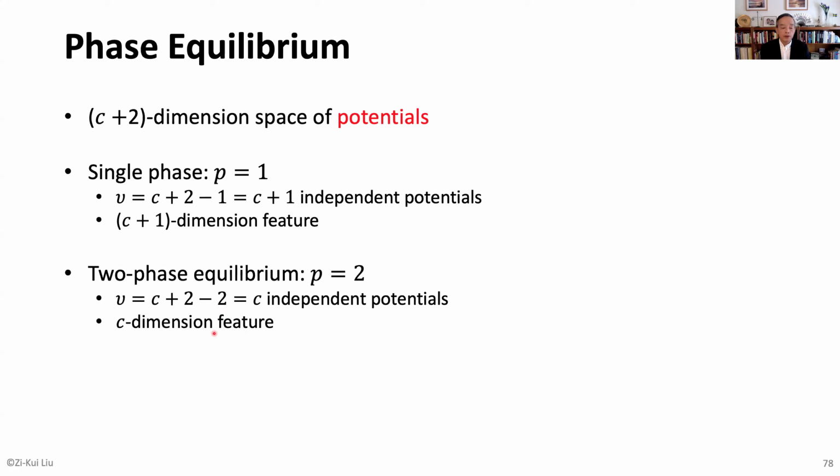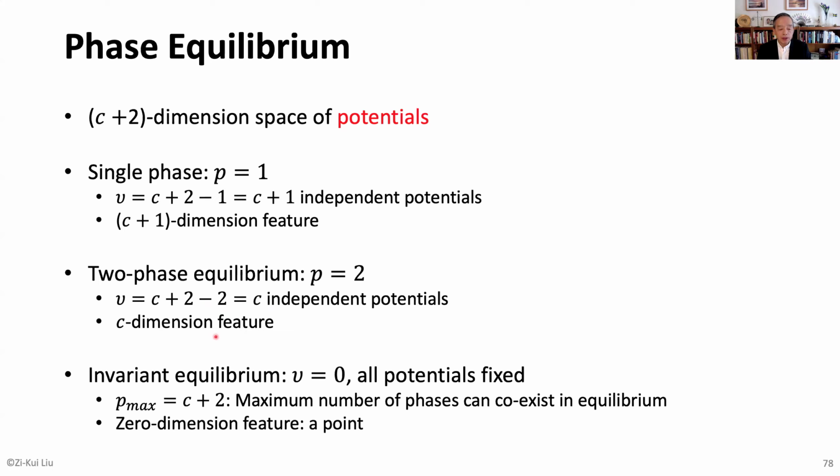If C is equal to one component, that means a line. Now, if there are P max phases in equilibrium, there are no independent potentials; all the potentials are fixed. Then, solving this equation, we get P max equal to C plus 2.